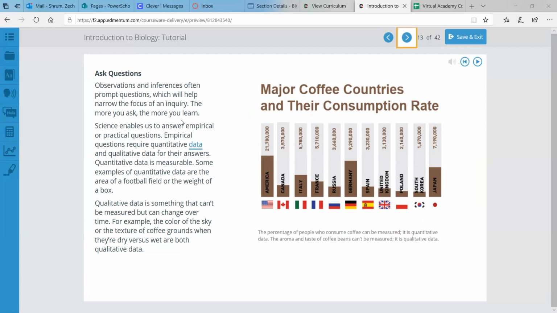Qualitative data is something that can't be measured, but it can change over time. The color of the sky or the texture of coffee grounds when they're dry versus wet are both qualitative data. So if you can observe changes in it, but you can't necessarily measure it, that's qualitative.